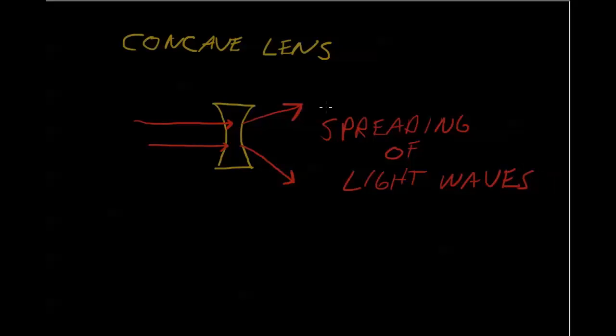The other type of lens is a convex lens. Convex lens, you think the lens in your eye is really a convex lens. And these are the ones that bend out a little bit.